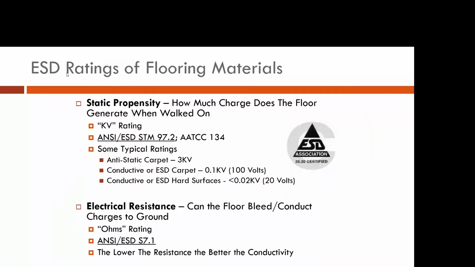This is measured in kilovolts, kVs, or volts. The measurement test that we use to measure static propensity is the ANSI ESD standard test method 97.2. It's called the walking voltage test, and we'll go into an example of that in a few more slides.